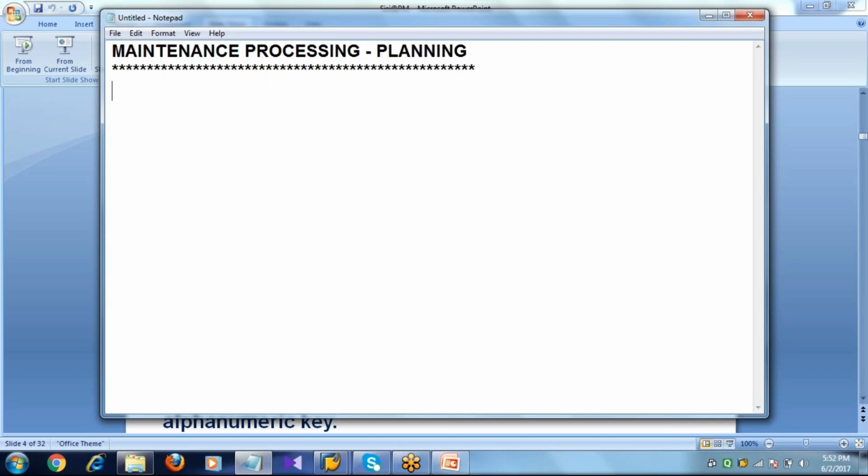Let us say, for example, from the production planning department, we got a machine breakdown. Let us take a DG set as an example.